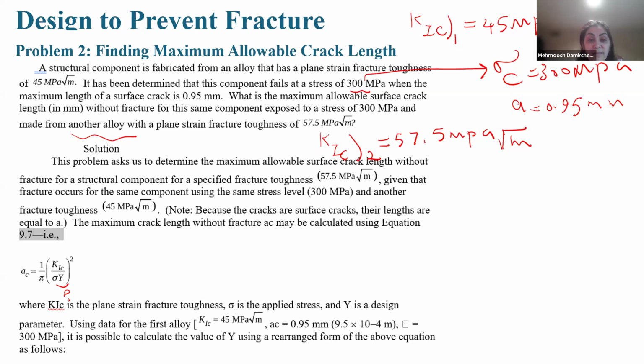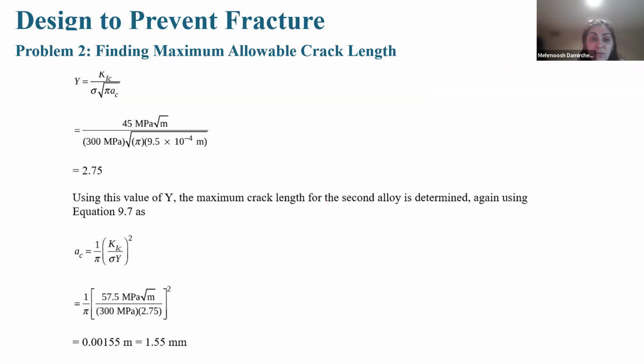K1C is the plane strain fracture toughness, sigma is the applied stress, and Y is a design parameter. Using data for the first alloy, we have K1C, AC, and sigma, so it is possible to calculate the value of Y. Y equals K1C divided by sigma times the root of pi times AC. By calculating that, we can find Y. Why can we use this Y?